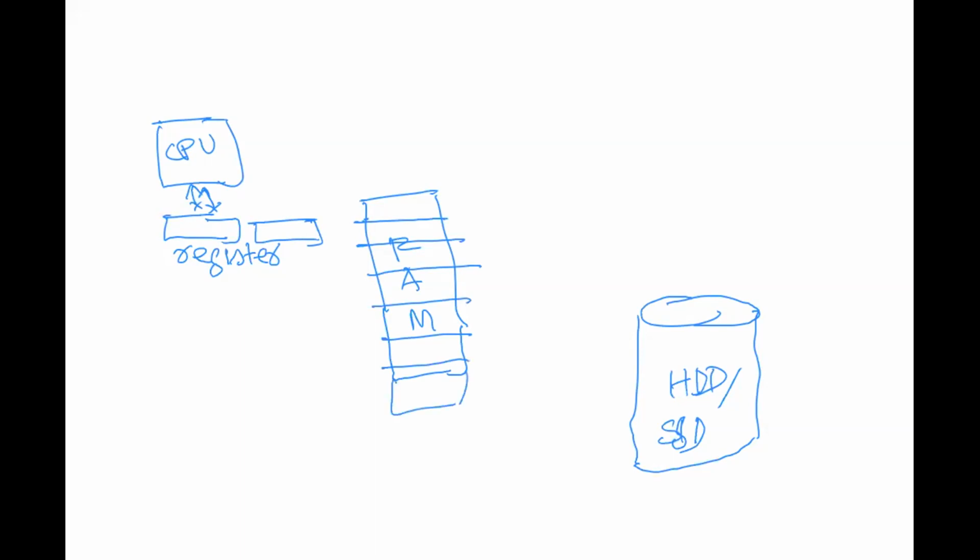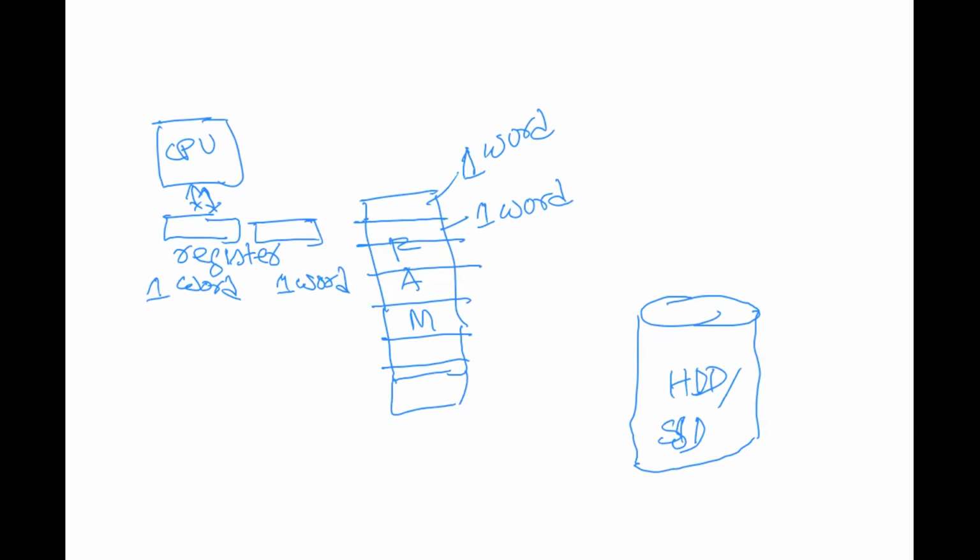It is called a word. This is one word, that is also one word, and like this memory is divided into words. A register is also one word. Here is also one word. This is the word size.